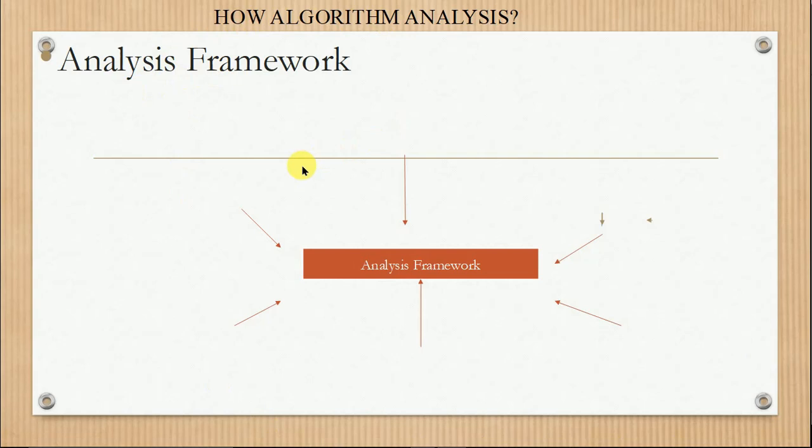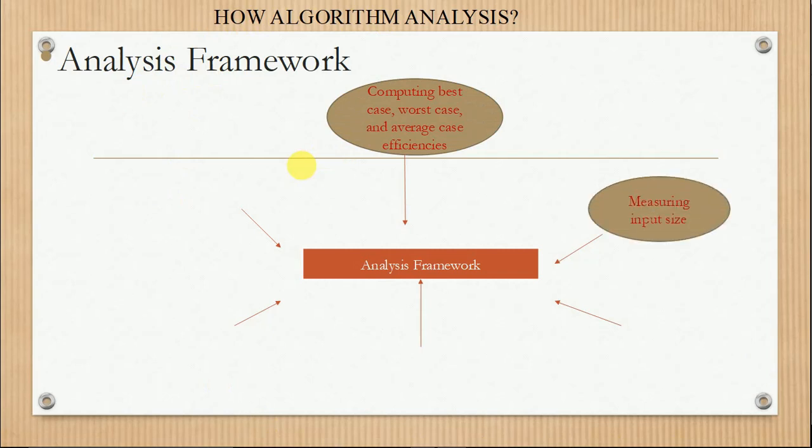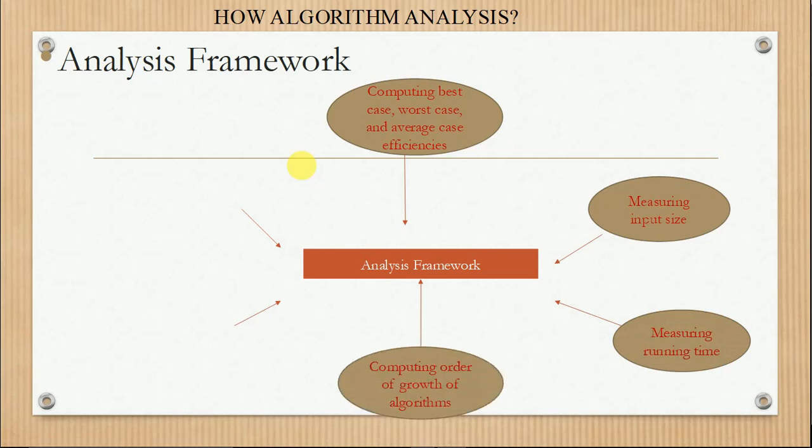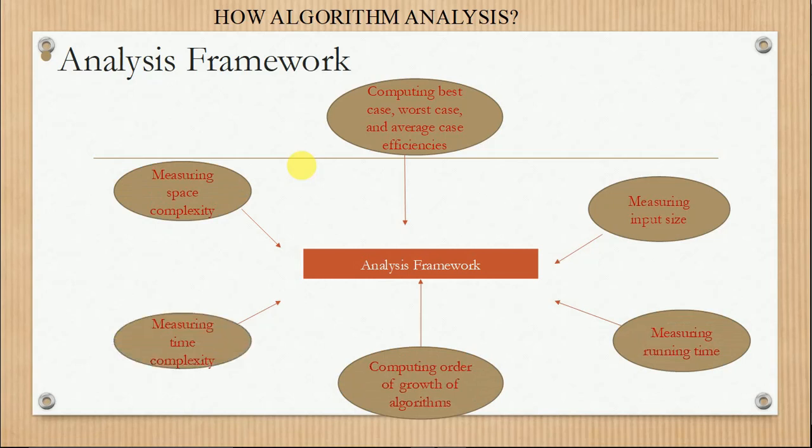The first thing is we need to compute the best case, worst case and average case efficiency. Next, we need to measure the input size, then go for the running time, then compute the order of growth of the algorithm, and measure the space complexity and the time complexity.